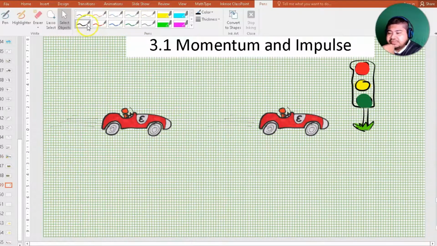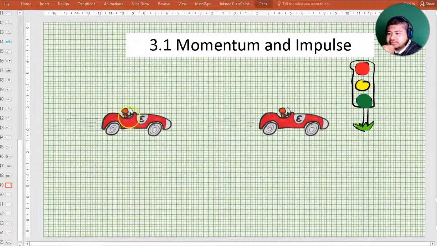Now, let's say we have a car that is currently moving at a velocity of 25 meter per second, and then it sees a traffic light, and the light turns red, so it needs to stop. Let's say the mass of the car with the driver is 1000 kilogram.